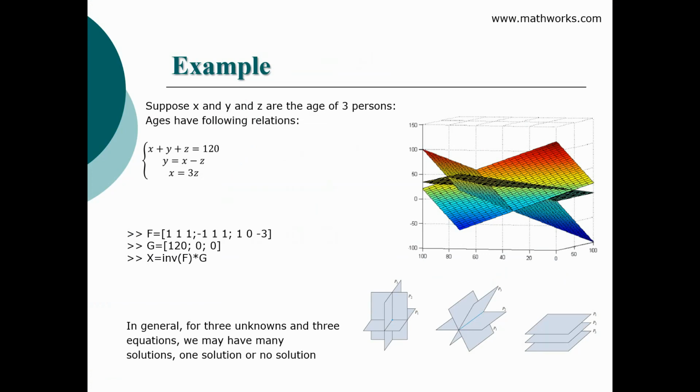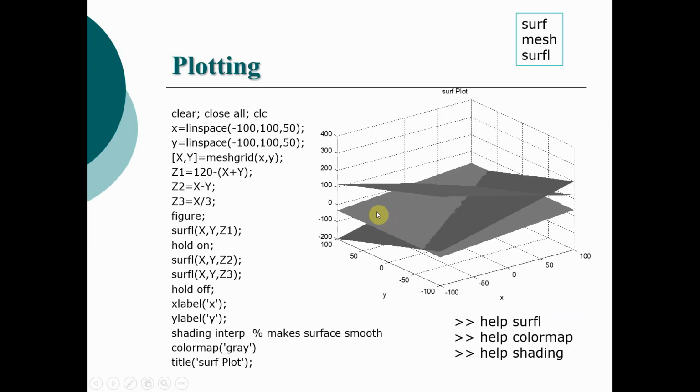Of course, this is mostly useful for two equations, two unknowns, or three equations, three unknowns. For systems with more than three unknowns, it's hard for us to visualize them because our brain can only digest 3D at max.